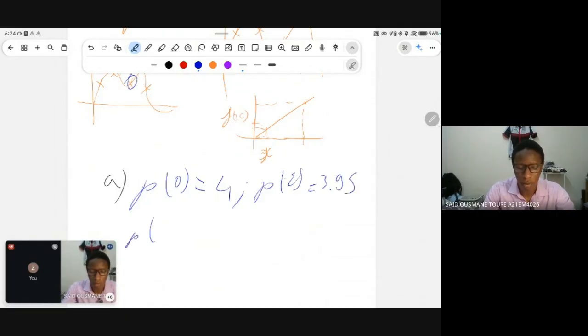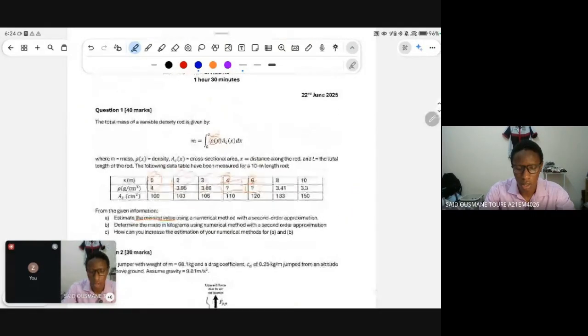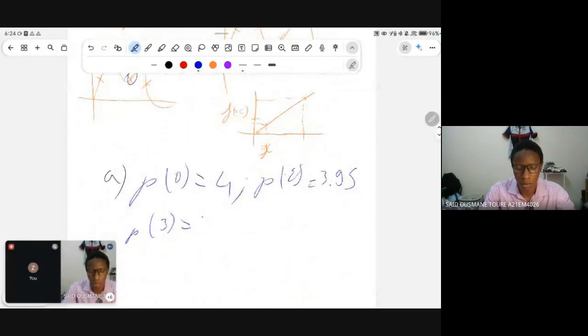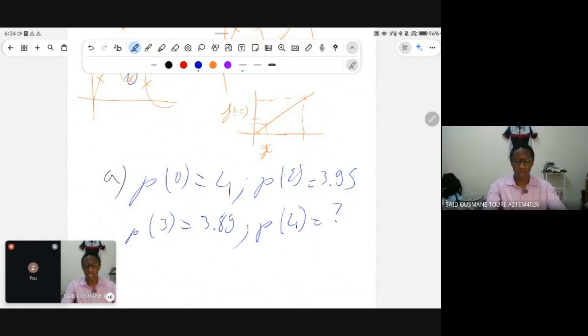Rho of 3 equals to 3.18. Now they ask you, what is rho of 4? Understand the question? Is it clear to everybody, the question?